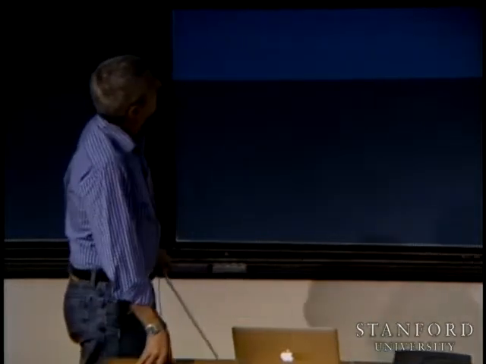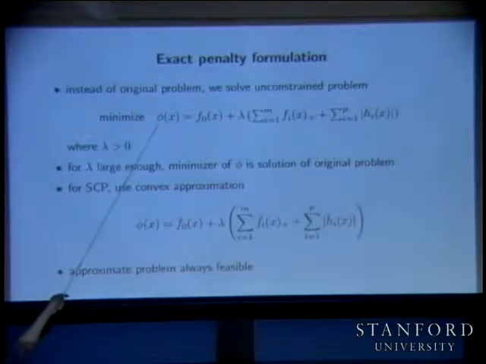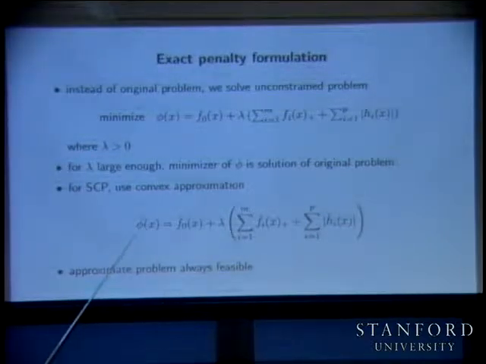Now, we can't solve this. It's a non-convex problem, no easier or harder than the original problem. So instead, we'll use sequential convex programming, and we'll simply minimize this problem. The cool part about that is you can't be infeasible here, assuming the domains of all the f's and h's are everywhere, which is not always the case, but roughly speaking, you cannot be infeasible now.